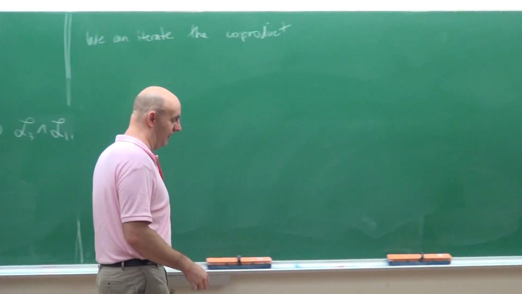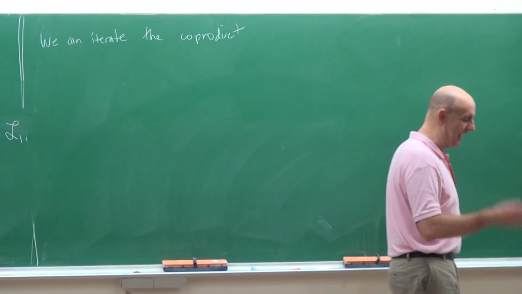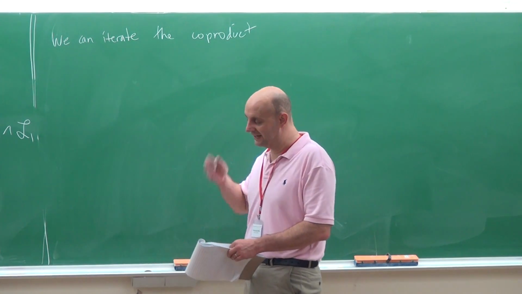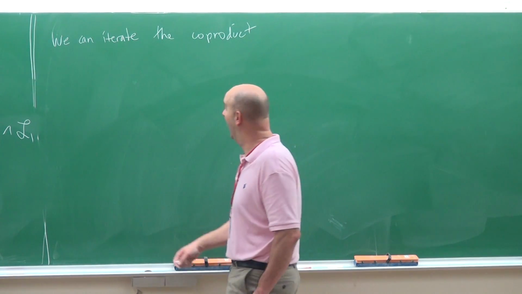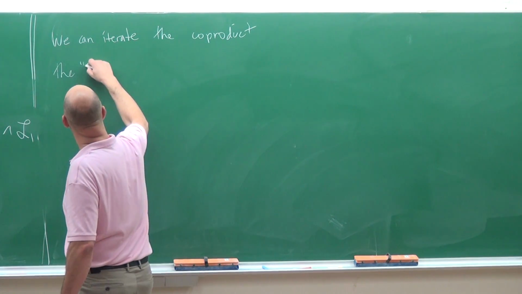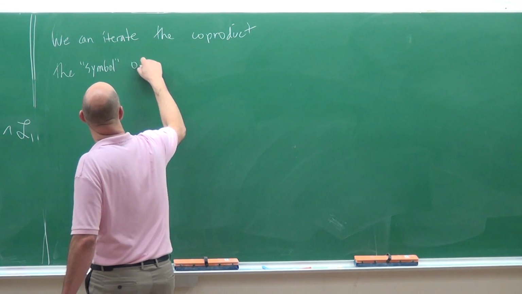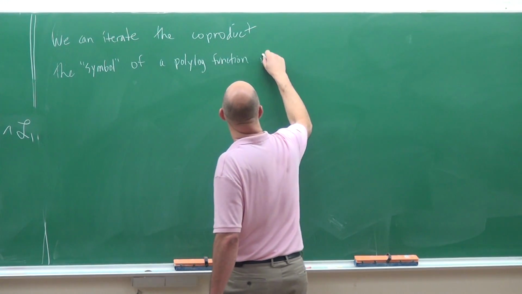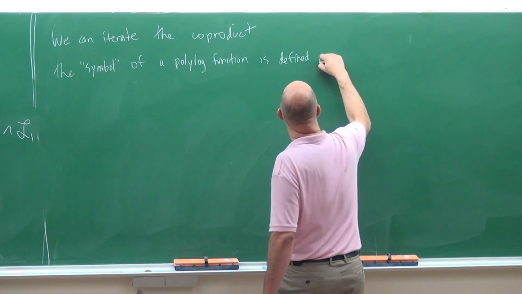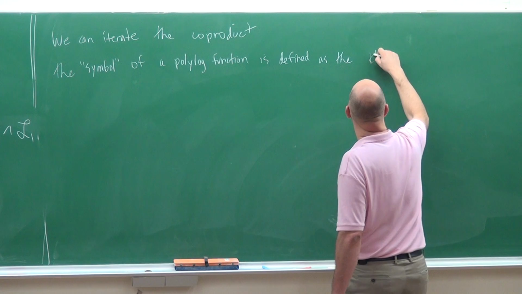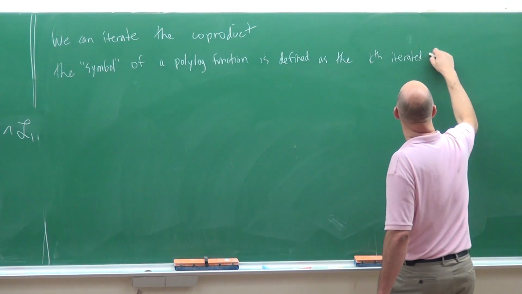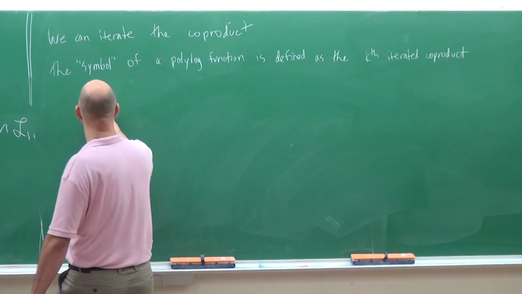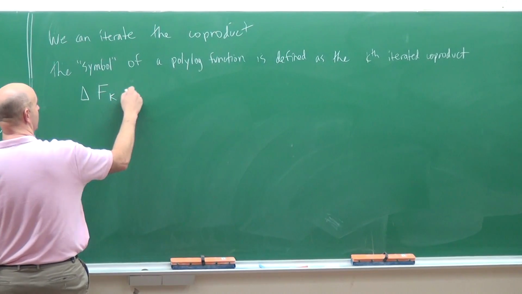Okay? So think about delta as a hammer that splits your function into two pieces, and you can keep hitting with your hammer until you break up your function into atoms. So the symbol of the polygon function is defined as the kth iterated coproduct, where you've broken everything up into functions of weight 1.